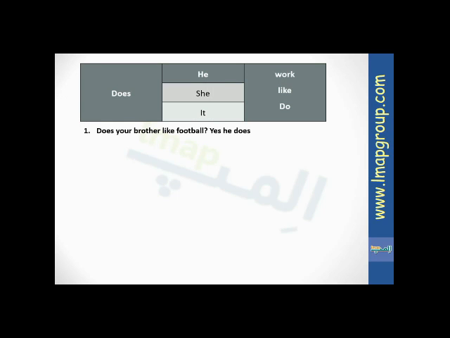As I told you in the last part, we added do at the beginning of a simple present sentence to make it interrogative. برای اینکه یک جمله رو سوالی کنیم، اول جمله do اضافه می‌کردیم. درسته؟ For example, do you like? آیا شما دوست دارید؟ But for third person singular, we add does at the beginning of the simple present sentence. And also you should omit the third person s.